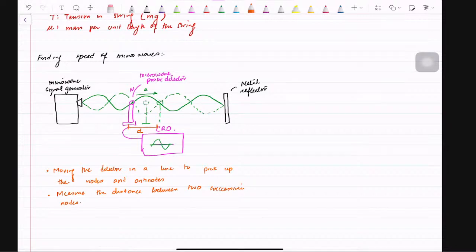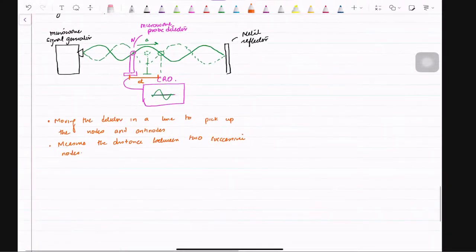Between a node and a node, the distance is half lambda, and that is the distance d that you found. So you can find lambda by multiplying it by 2.